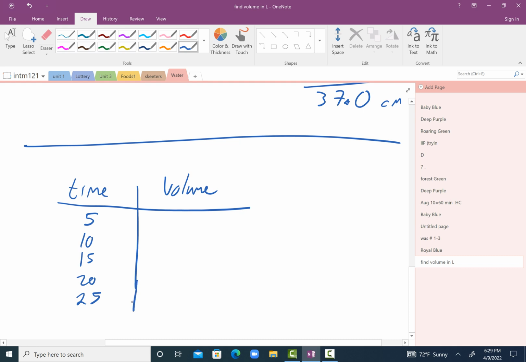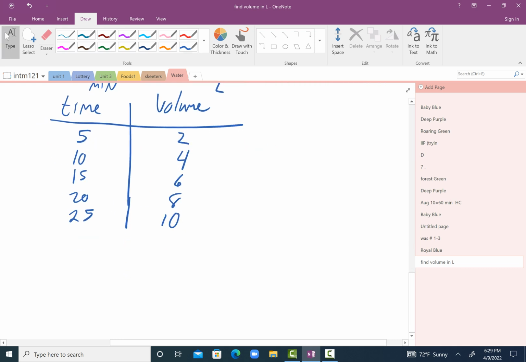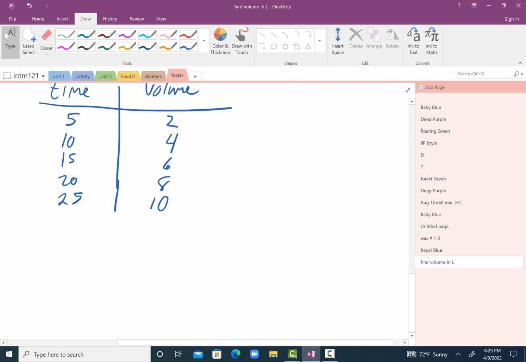Okay, and the volume will go 2, 4, 6, 8, and 10. Okay, so this will be in minutes, and this will be in liters. All right, so what will happen then is you're going to use that information.